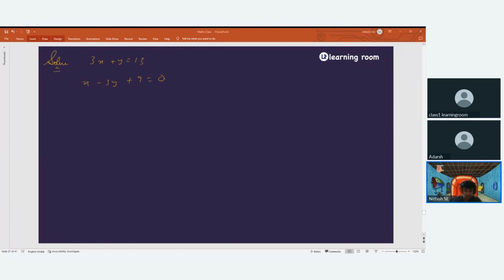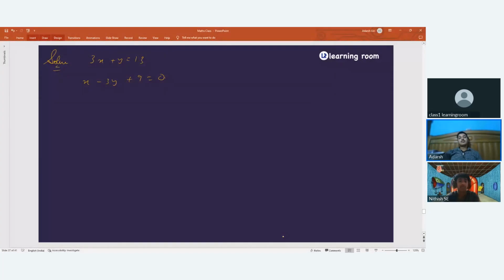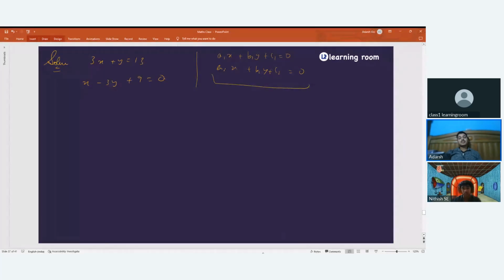When I write the c value, for the first one, instead of writing nothing, I can write 1, right? No. See here, you have to create it in that form: a1x plus b1y plus c1 is equal to 0, and a2x plus b2y plus c2 is equal to 0. Both of the equations are not present in this form. So first you make them in that form, then you compare with the a, b, and c values.